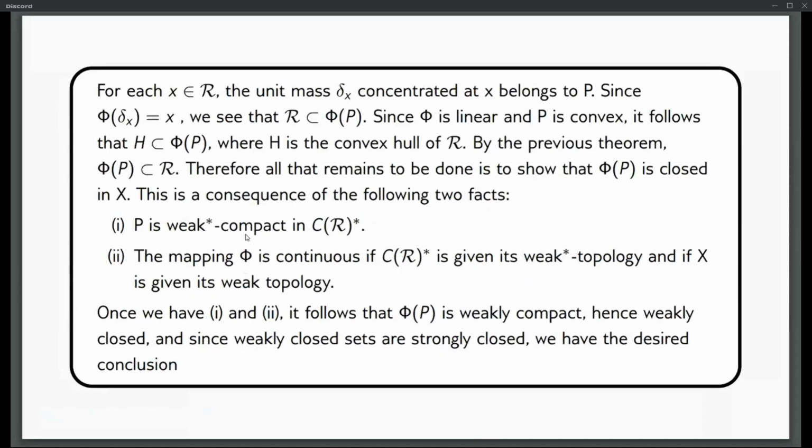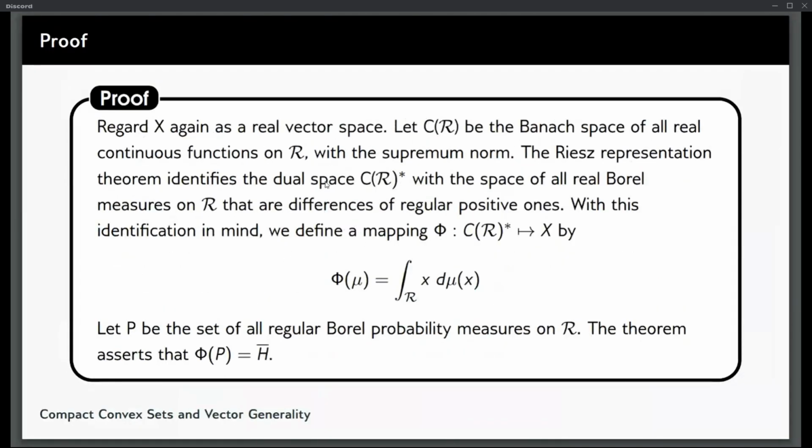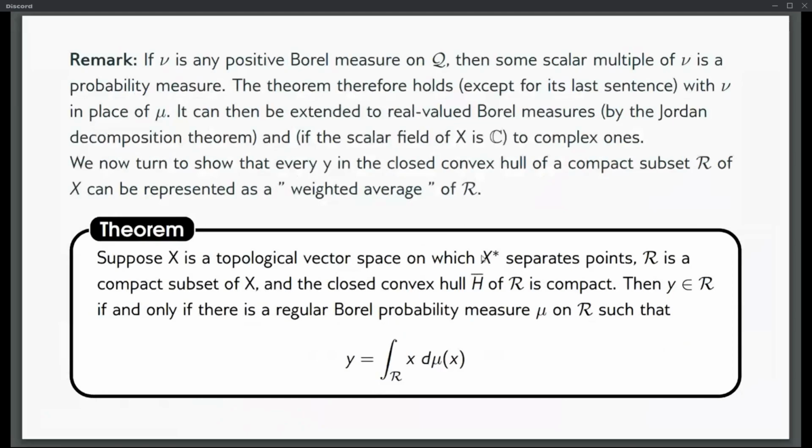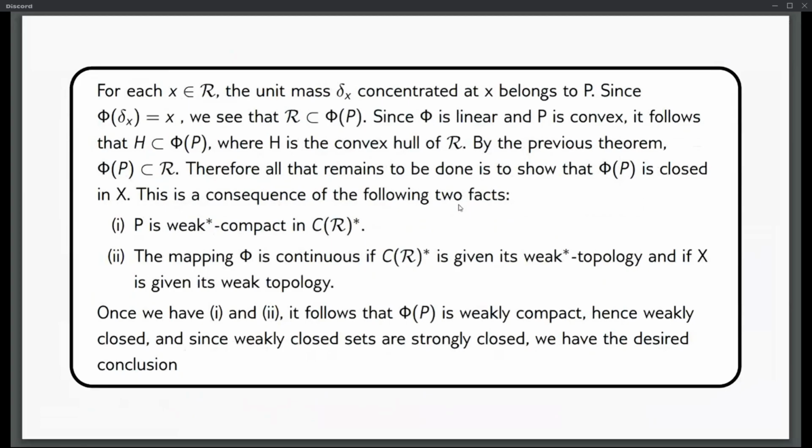And we got our proof, because we wanted it to be weak star compact. That would be the proof of this theorem. We have shown that in this situation, every element in the closed convex hull can be represented as a weighted average of R, which is what we have proved here in this theorem.